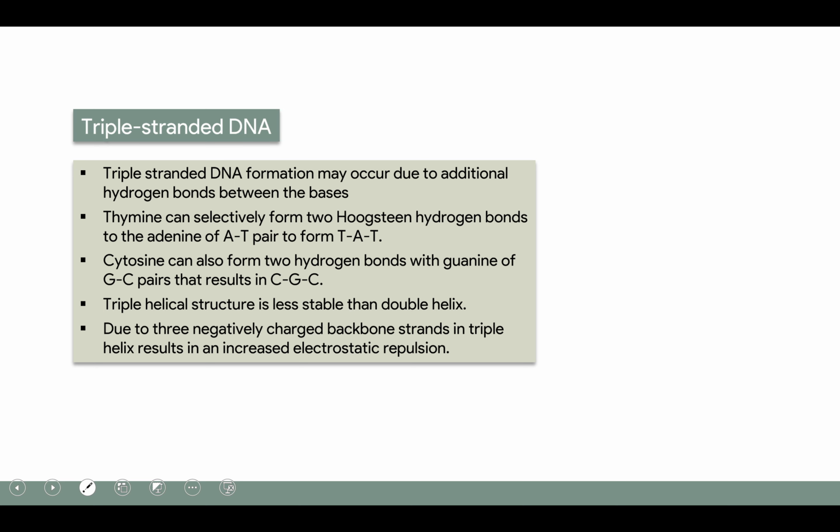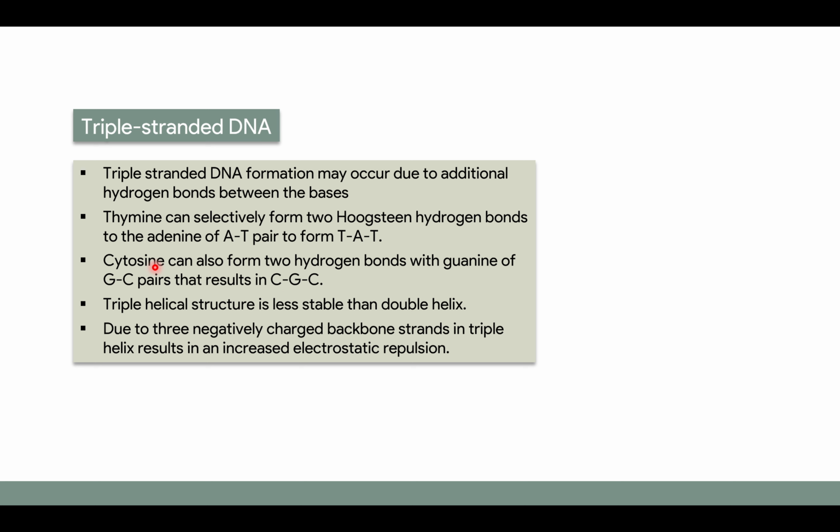So triple stranded DNA formation occurs due to additional hydrogen bonds between the bases. Thymine can selectively form 2 Hoogsteen hydrogen bonds to the adenine of the AT pair to form TAT. That is, one adenine will form hydrogen bonds with 2 molecules of thymine.